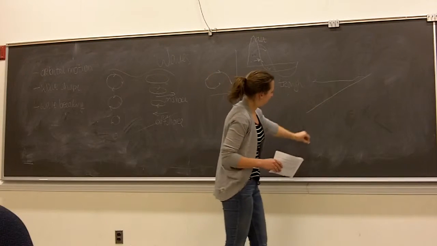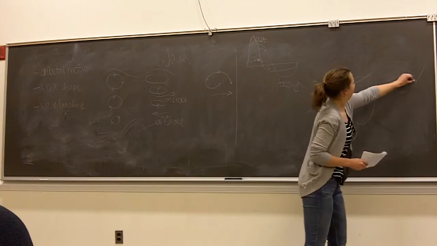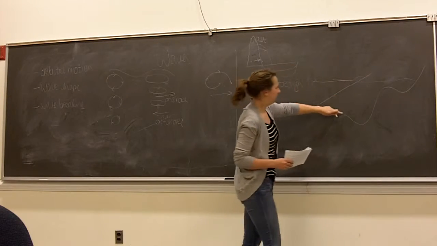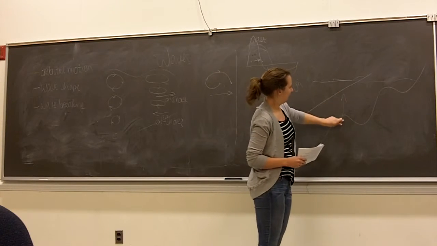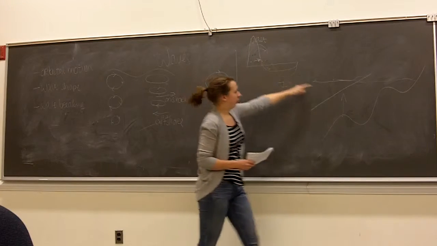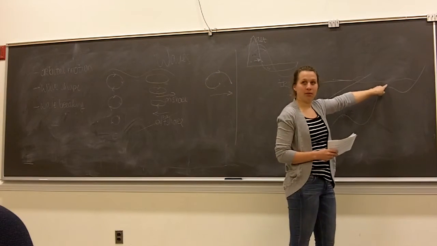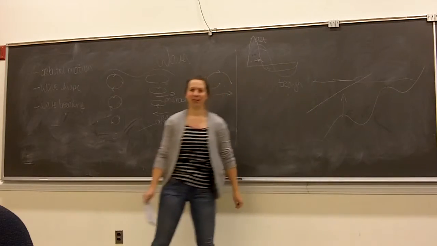But if you've got a beach like this, with water level, then the waves will start to break over here, and then they will start shoaling again until they break over here again. So we've got multiple zones of breaking, and we'll discuss that further in our next lecture.